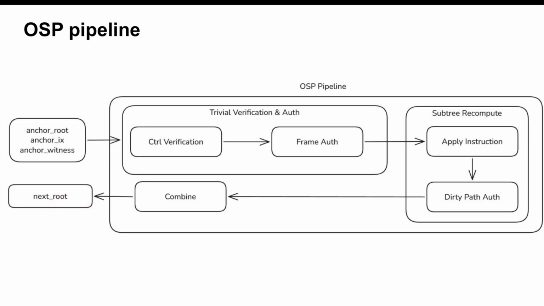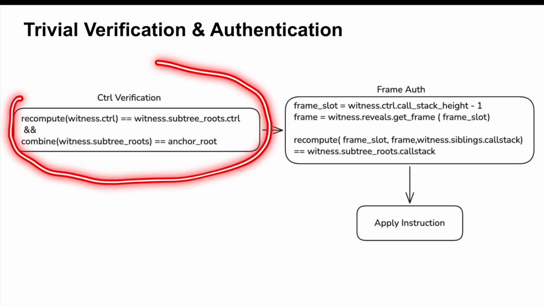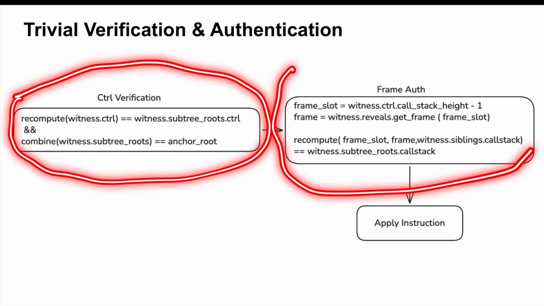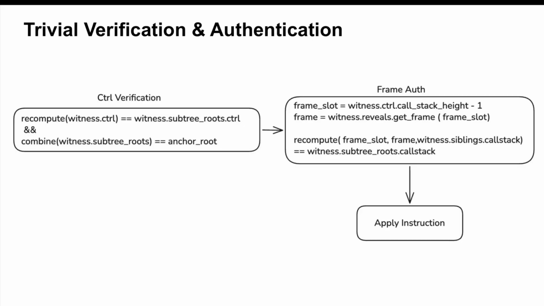So to start with trivial verification and authentication, it's just basic Merkle root verification based on the provided data, so that we know the provided control with the control witness, and all the subtrees belong to the claimed root.